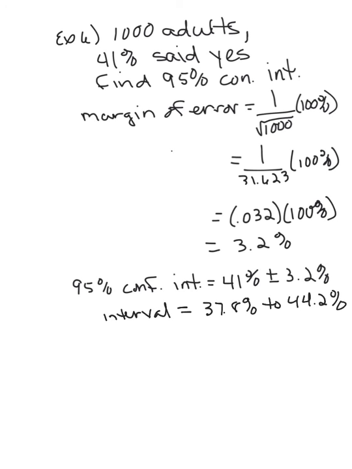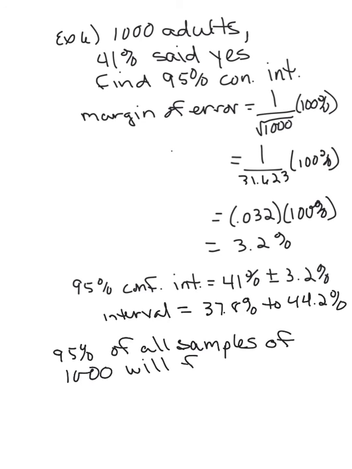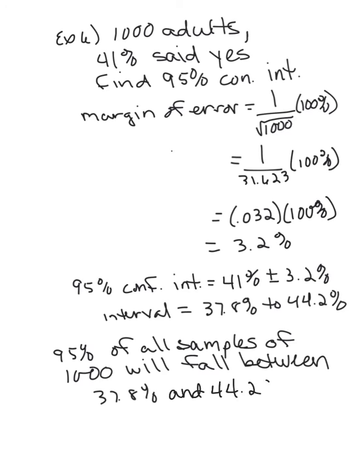So what we know then, based on doing these calculations, is that 95% of all samples of the same size, so in this case, that is 1,000, would fall between the two numbers that we got, 37.8% and 44.2%.